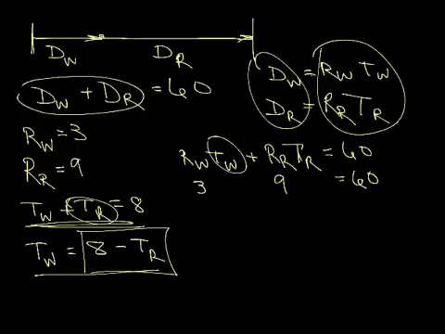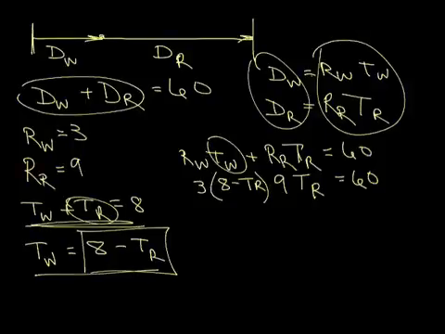So this one right there will change to that. So we'll put an 8 minus TR here. And then here, I've already got a TR. I don't need to change anything there. So now, instead of having a TW and a TR, two different variables, I only have one variable here. Oh, and there's a plus sign here. I forgot to put that in there. This plus sign right there.